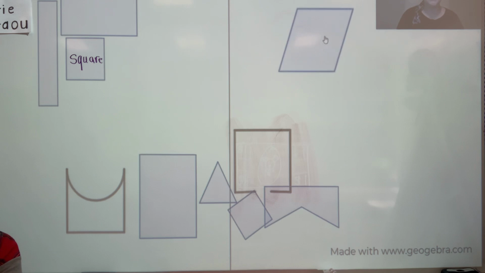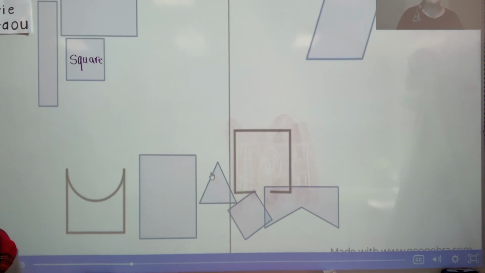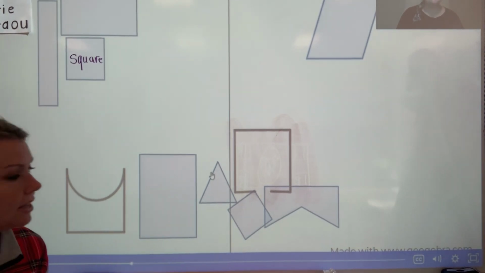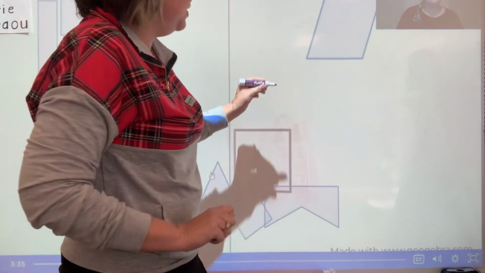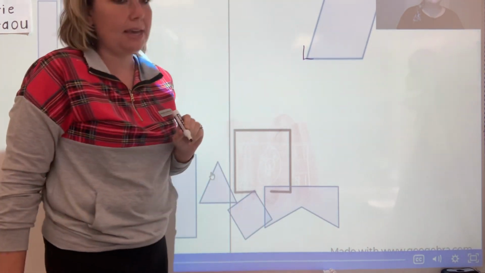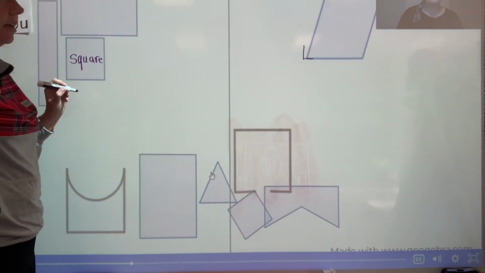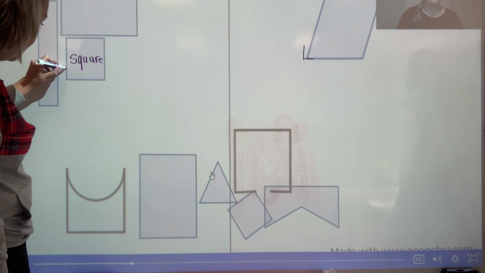So let's put this shape over here because it is not a rectangle. What she said was the corners need to be the shape of the uppercase letter L. Look right here at the square.